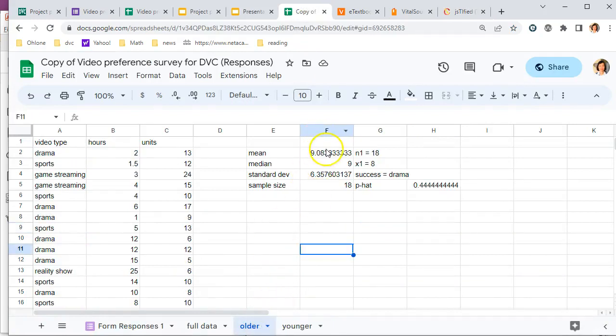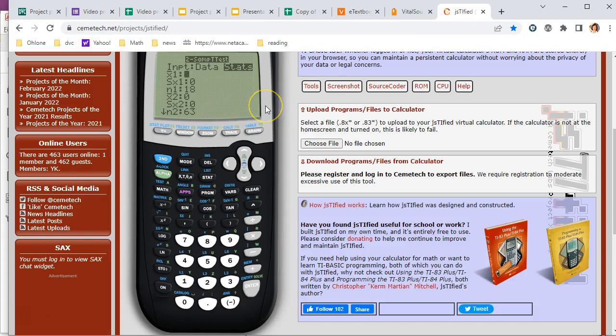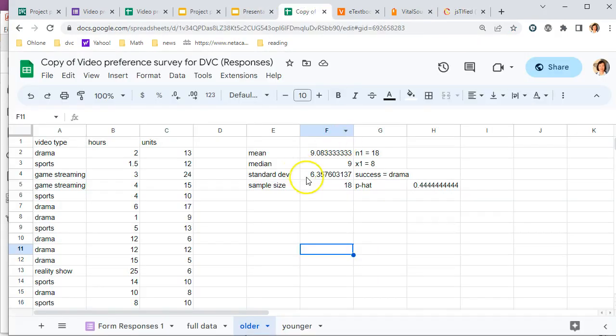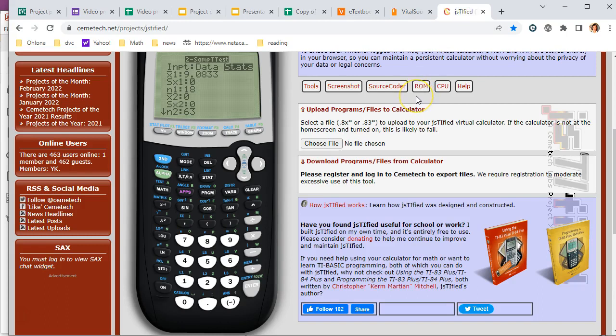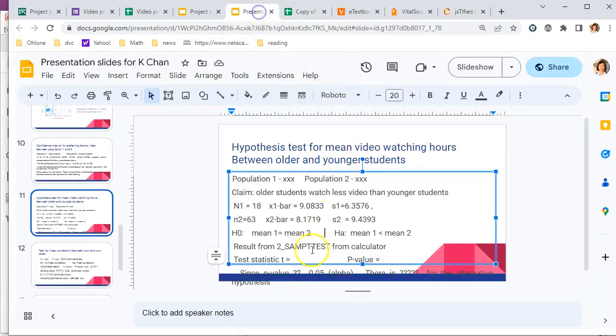The older one: 9.0833. S1 is 6.3576. And N1 is 18. X bar 2.